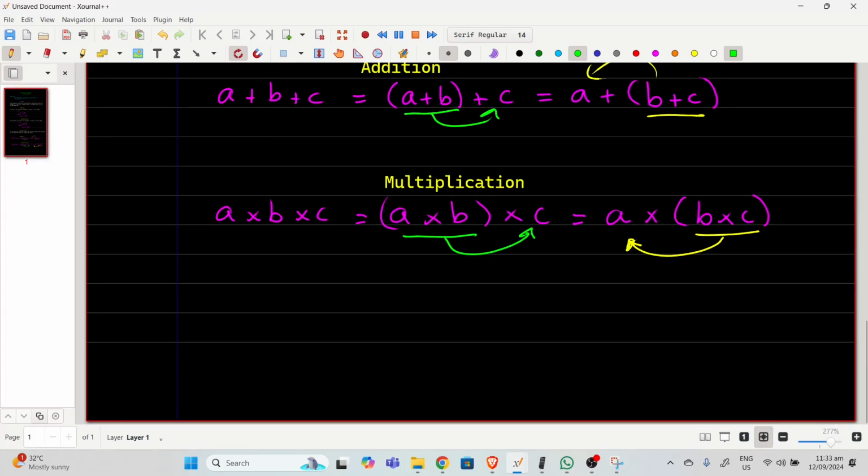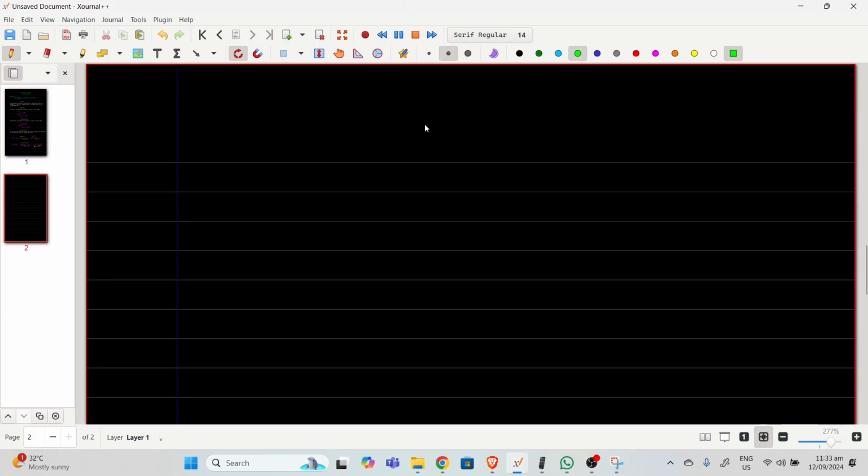All right, let's go on to the next one, which is commutativity. And this is another big word, the commutative property, right? So we're going to talk about commutativity.